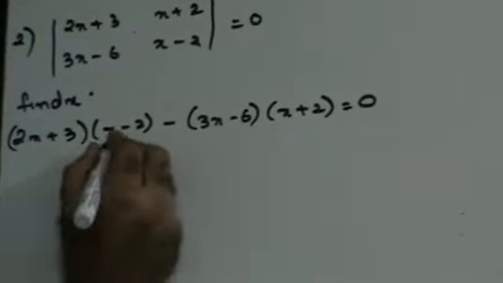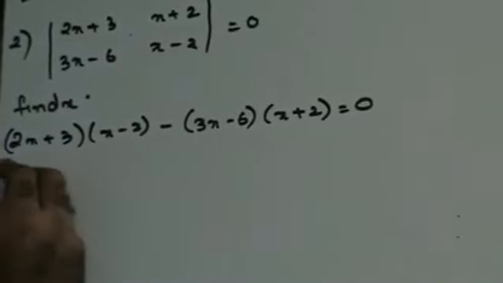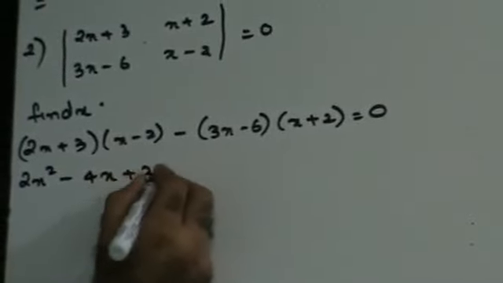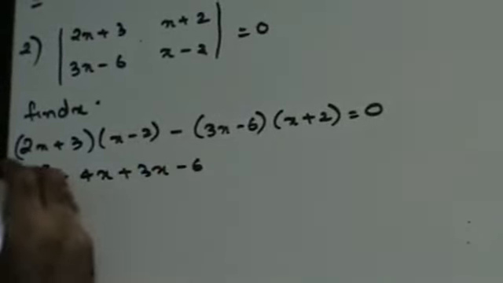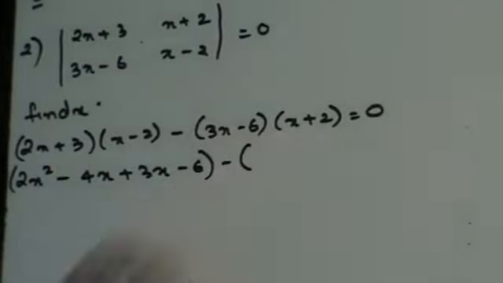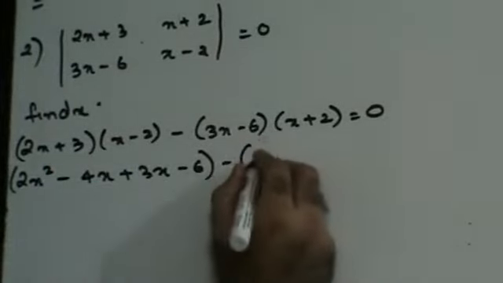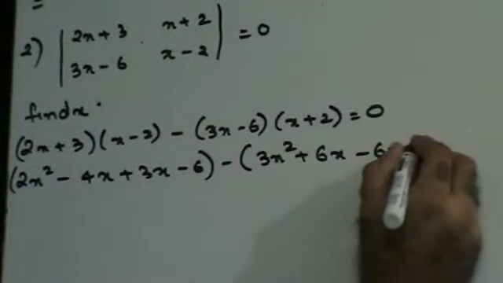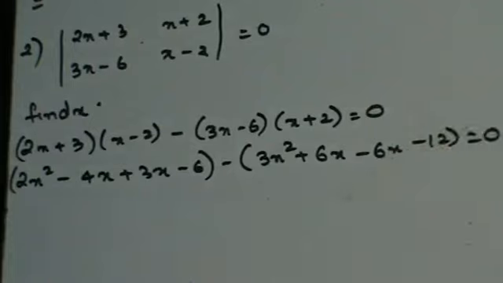Open the bracket, that means x plus 3 has to be multiplied with the whole thing. So this will be x square minus 2x plus 3x minus 6, minus. Now multiply 3x minus 6 with the second bracket. So this will be 3x square plus 6x minus 6x minus 12 is 0.